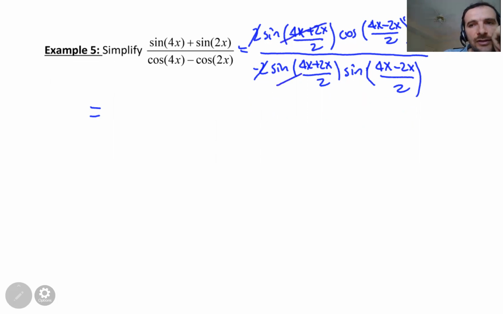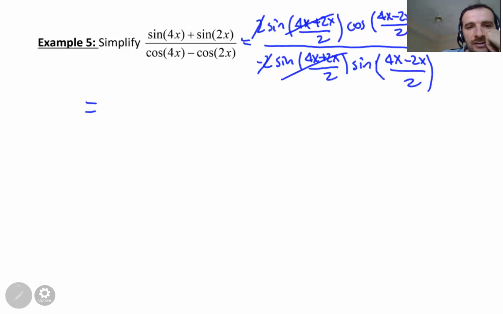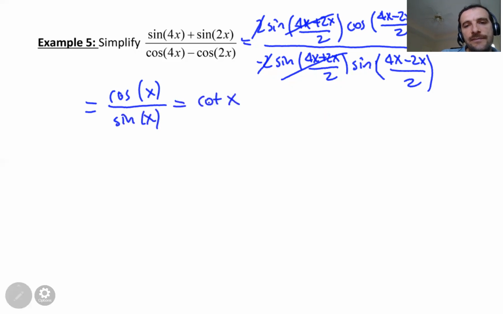So what I am left with is cosine of (4x minus 2x), which makes 2x, over 2 is x, so cosine x, over sine of (4x minus 2x) over 2, which is again sine of x. And cosine over sine is cotangent x, right?